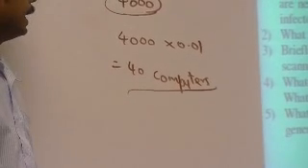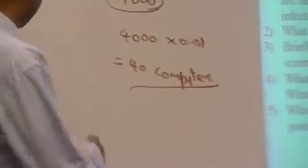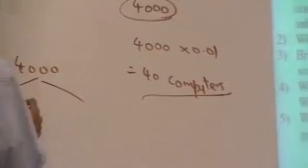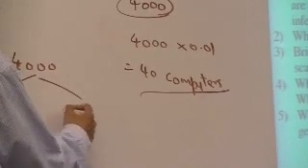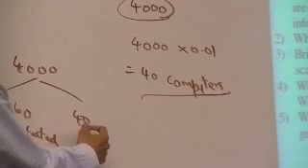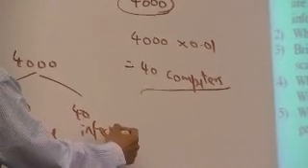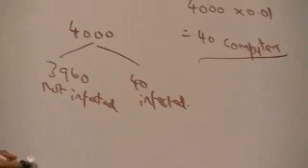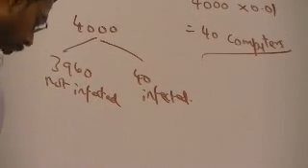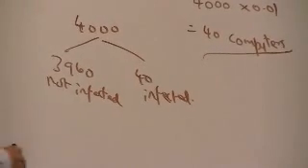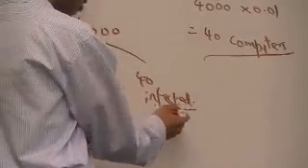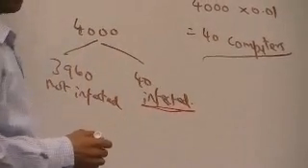You run this antivirus scanner on all the 4,000 of them, and you know by now that 3,960 are not infected, and only 40 are infected, right? So it has 95% accuracy, which means if you run it on the 40 of them, it is going to say how many of these 40 are really infected. It has 95% accuracy.